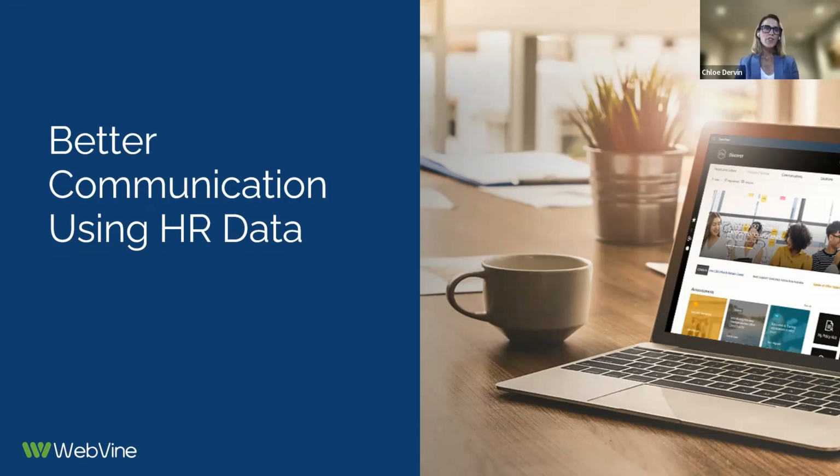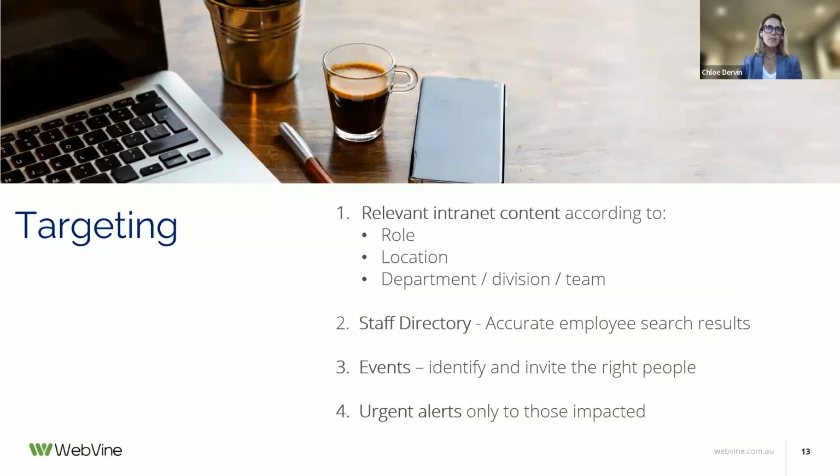So I want to talk about 3 very compelling use cases. We'll give you some examples that are focused on the intranet, but of course it could be via other communication channels like email. So the first one is targeting. When you have clear information about your teams, there's really so much you can do.